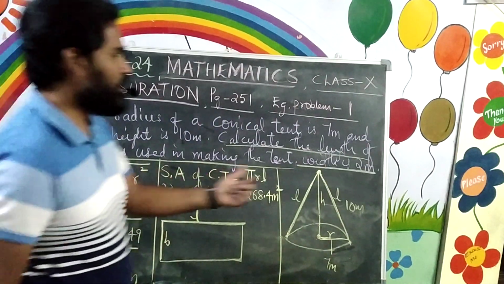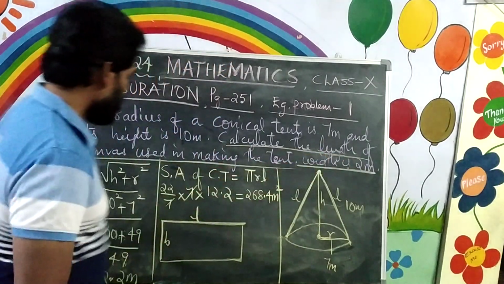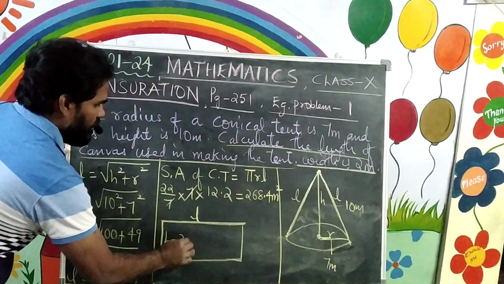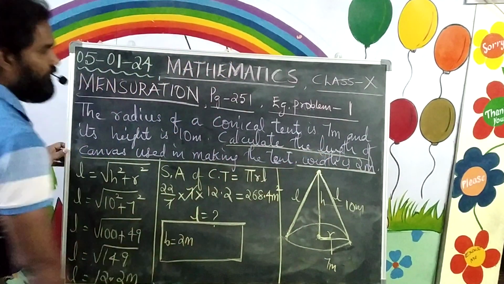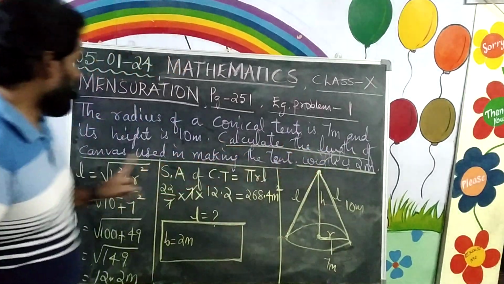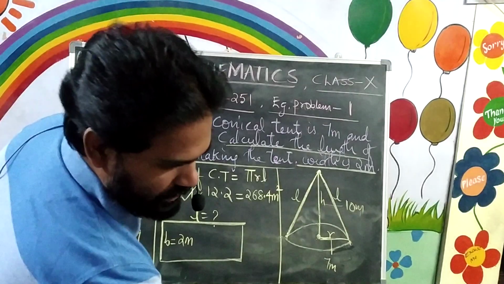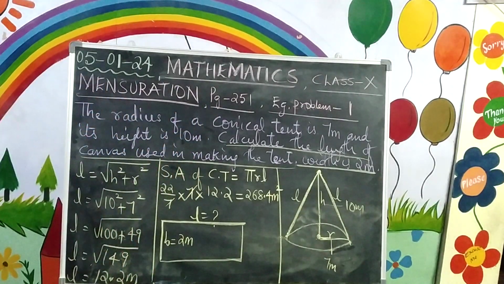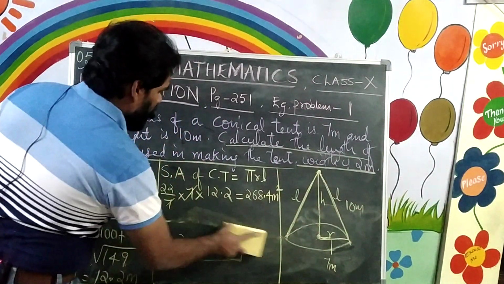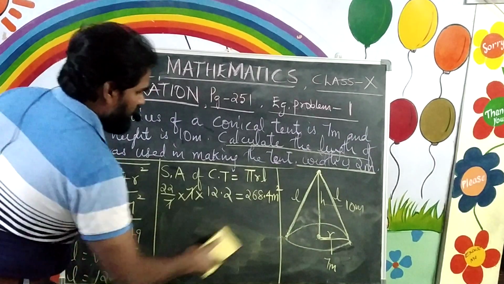Breadth, in other words, is called width, which here is given as 2 meters. Then we are asked to find out the length of the canvas. So we must take this and find out the length. So how do we get that length?